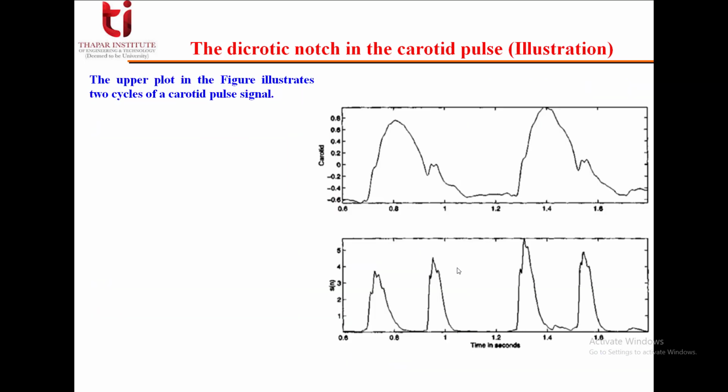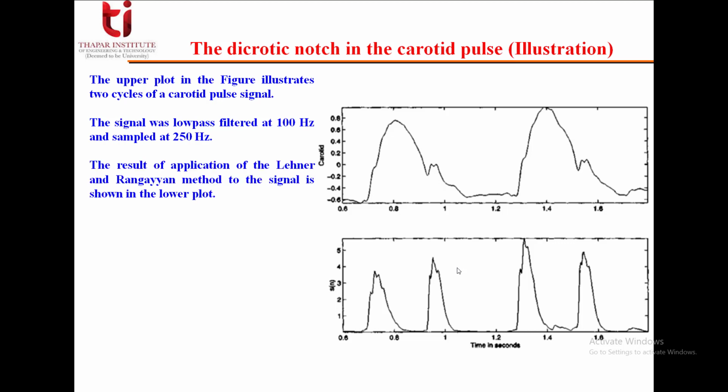You can see in this diagram, the upper figure illustrates 2 cycles of a carotid pulse signal, and this signal was low pass filtered at 100 Hz and then sampled at 250 Hz. The result of application of the method we have just discussed, produced by Lehner and Rangayyan, is shown in the lower plot.